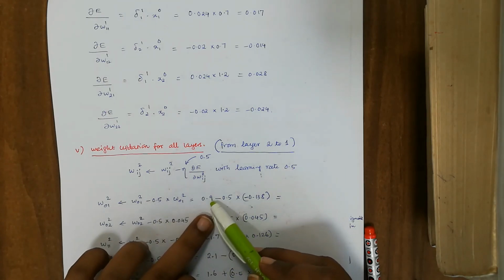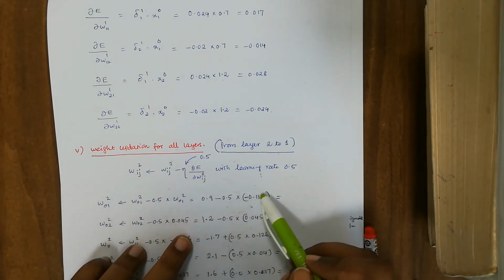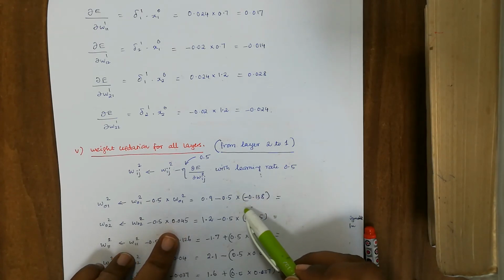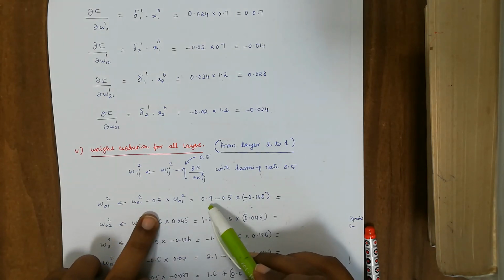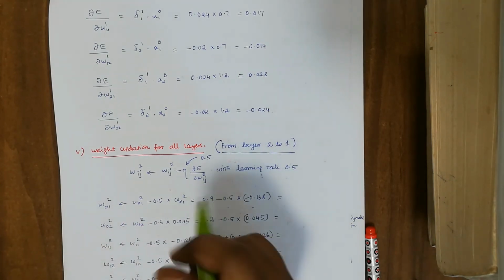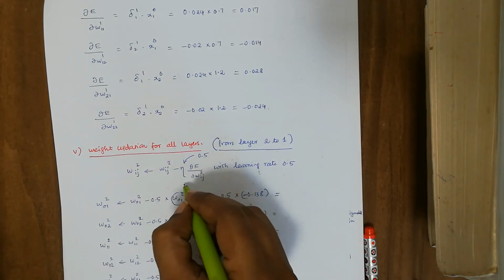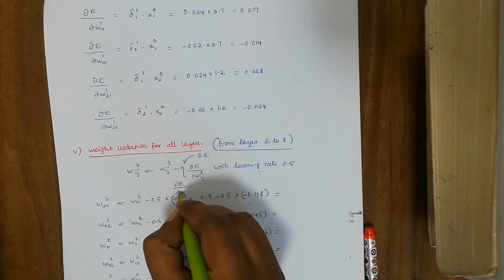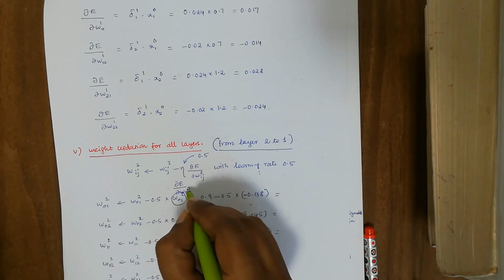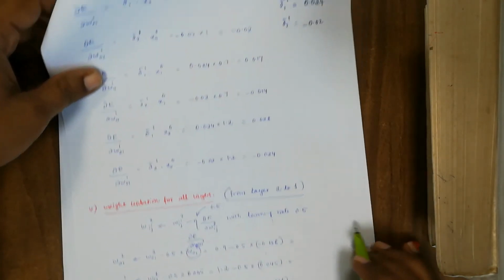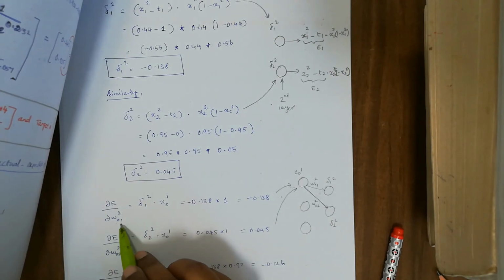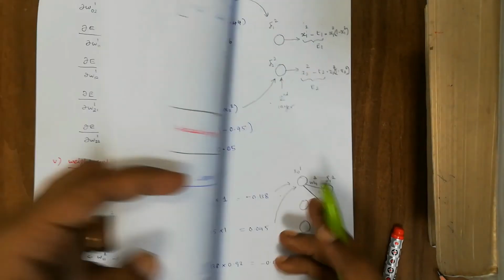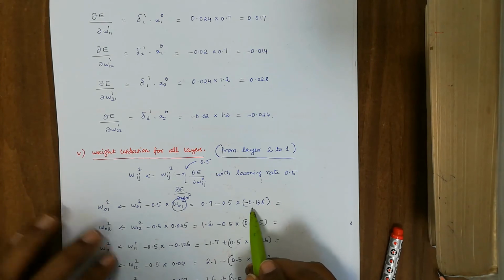So 0.9 minus 0.5 times the gradient, where 0.9 is the old weight value that we initially considered. The gradient value that we obtained was minus 0.138, which we have used here.